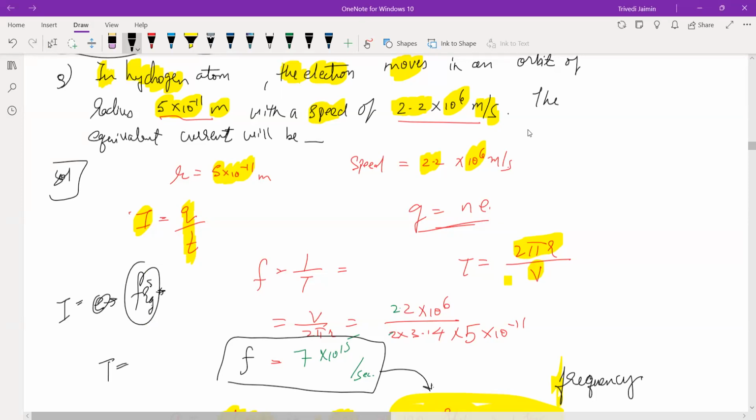So how to find time? Speed equals distance by time, so time equals distance by speed. The distance here is this circle, so circle means 2 pi r. That is what we did.